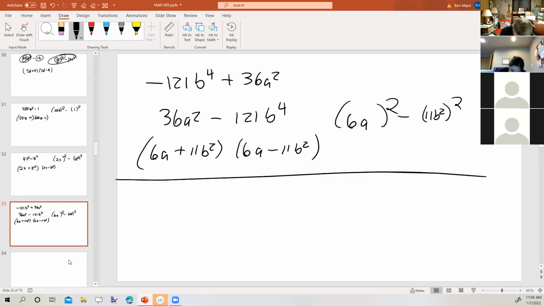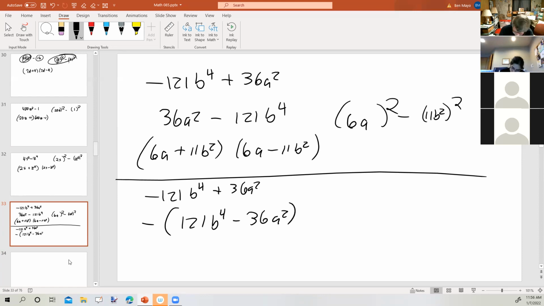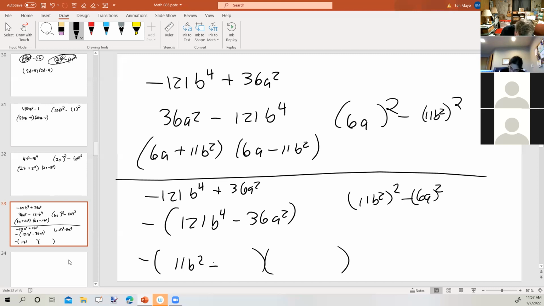Or I could take the original problem and factor out a negative, making it positive 121b to the fourth minus 36a squared. Then I'd have 11b squared minus 6a squared, and I have 11b squared plus 6a, 11b squared minus 6a.